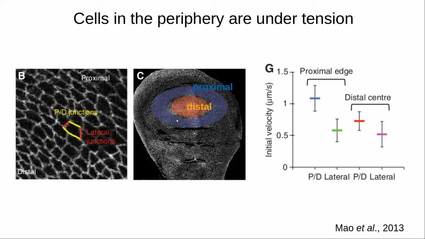And they find that in the proximal part, in the blue part, the difference in tension between the yellow junctions and the lateral junctions in red is very high. Okay, as you can see here, these proximo-distal junctions have a tension that is much higher than the lateral junctions, and in the center this difference is not that high.